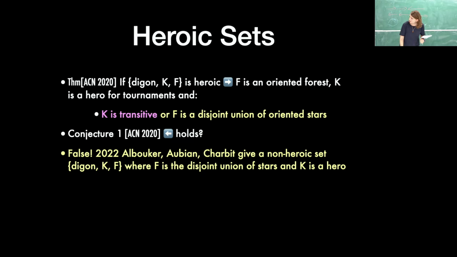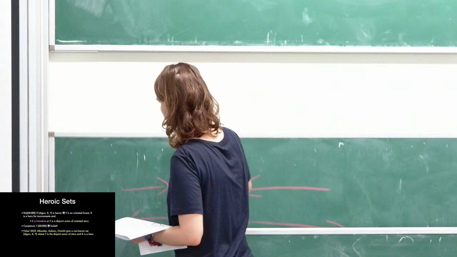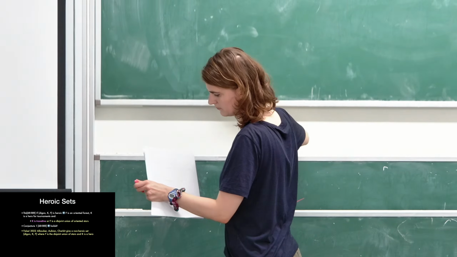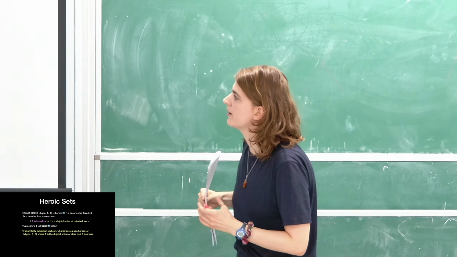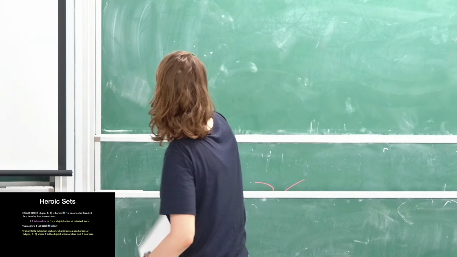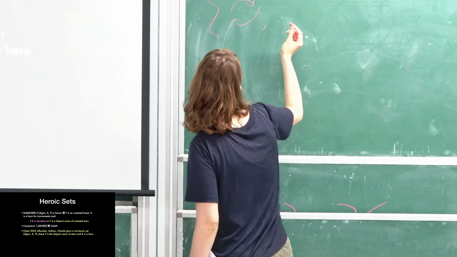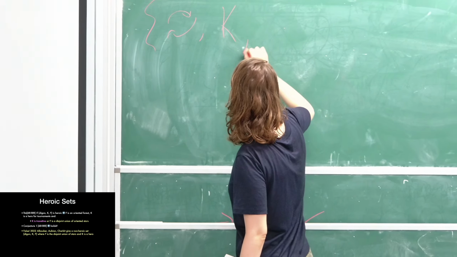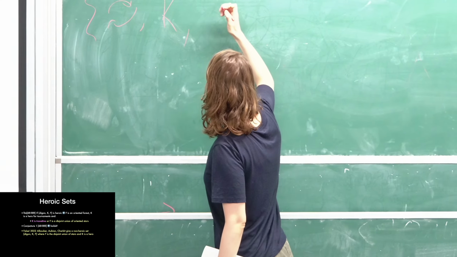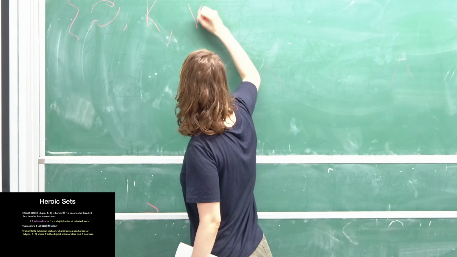But basically, they demonstrated that there are some sets that are a digon, a tournament, which I'll define, and a disjoint union of oriented stars.